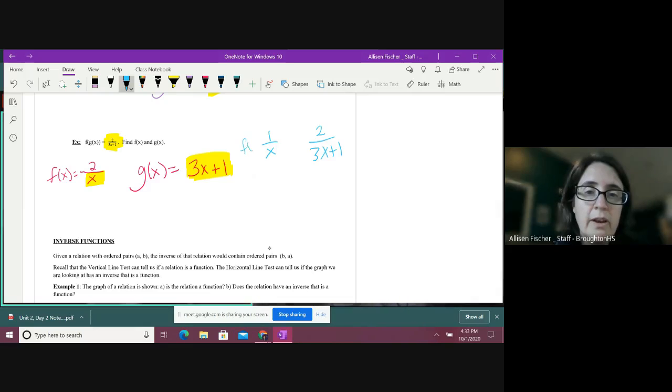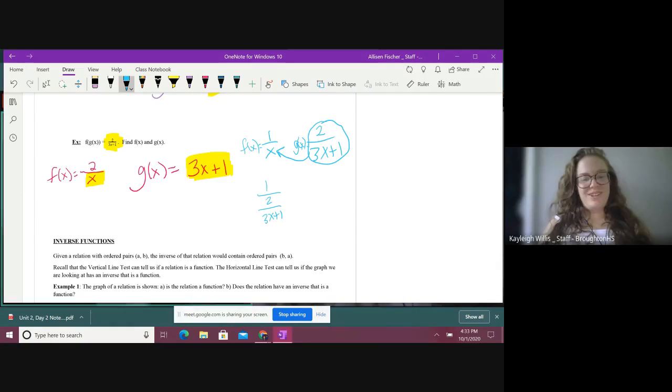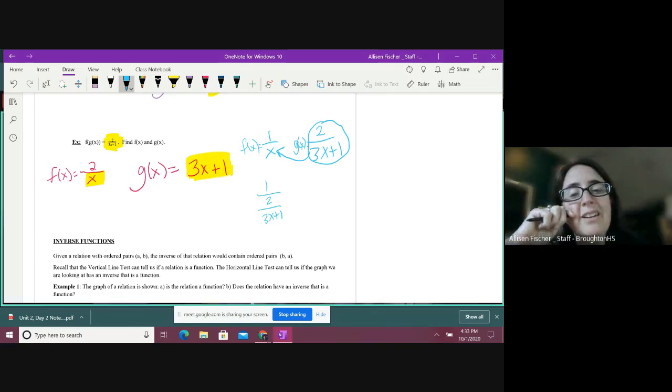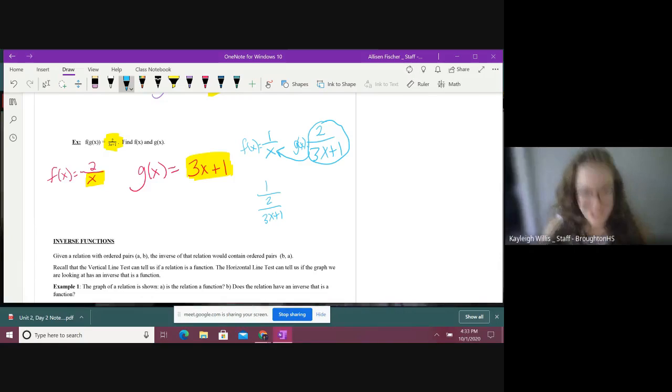So if you had this, you want to check your answer and see if it works. You want to see, can I put this as the input into here and get the original? So you would have 1 over 2 over 3x plus 1. Ew, no. Okay, okay. I got you.